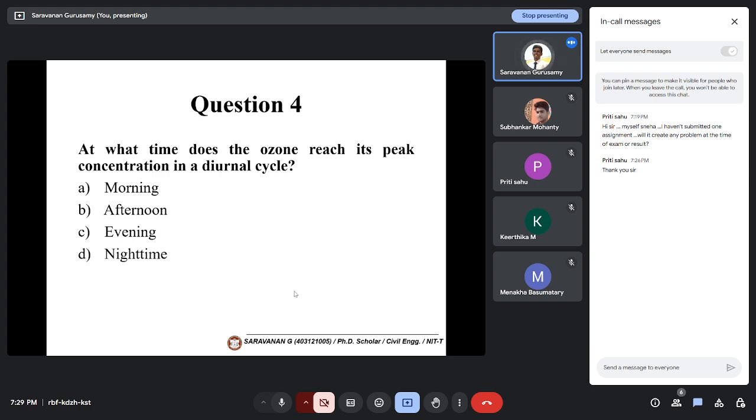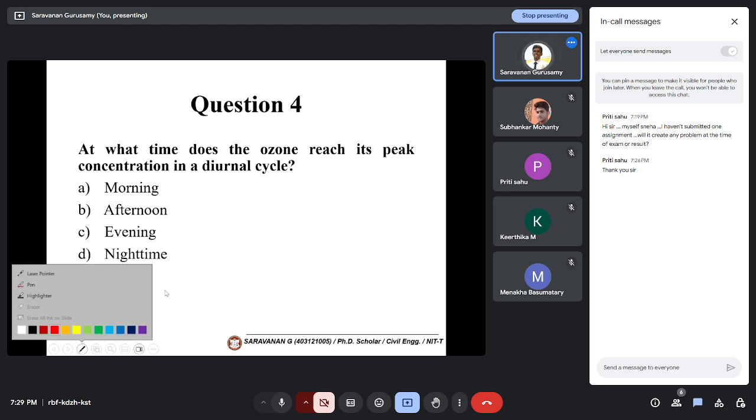But how is ozone formed in the troposphere at the Earth's surface? NO2 reacts with VOC to give ozone in the presence of sunlight. NO2 is released into the atmosphere from vehicles. VOC is emitted from the industries. So VOC plus NO2 in the presence of sunlight.